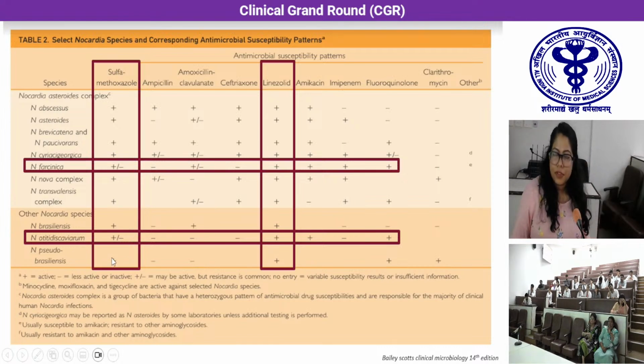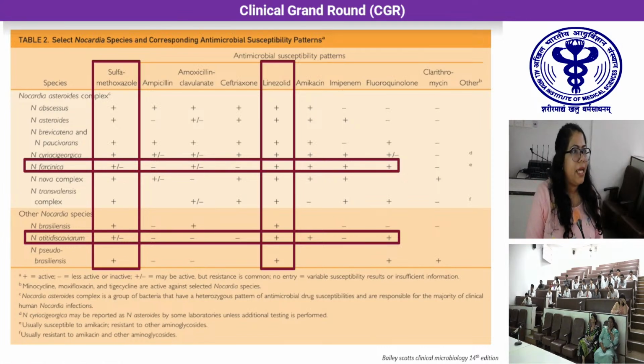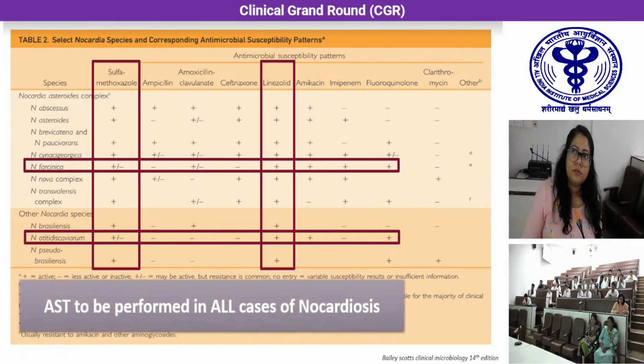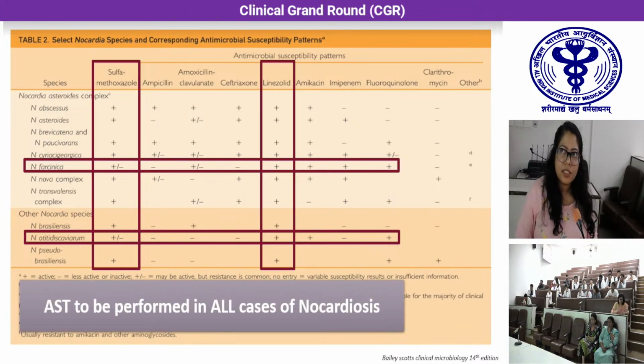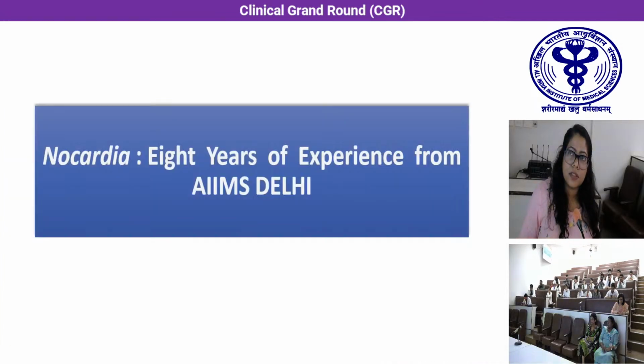So I need to stress the importance of performing antimicrobial susceptibility testing for all Nocardia isolates, along with identification up to the species level, because these two species have a very high resistance pattern. As I've said, antimicrobial susceptibility testing has to be performed in all cases of nocardiosis. So I'm sharing 8 years of experience from our laboratory.